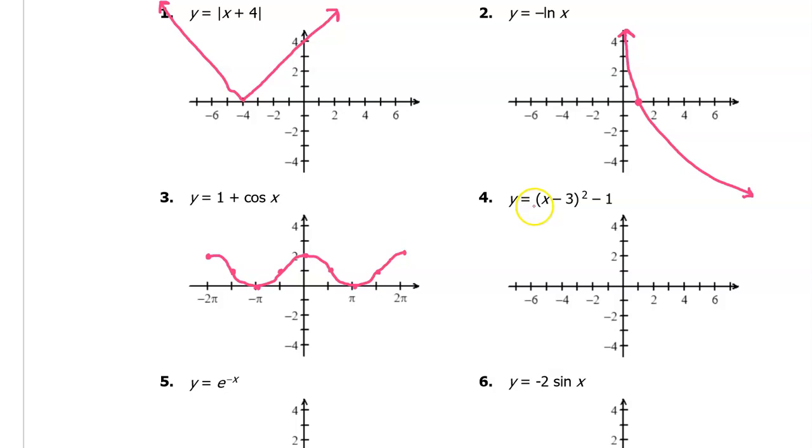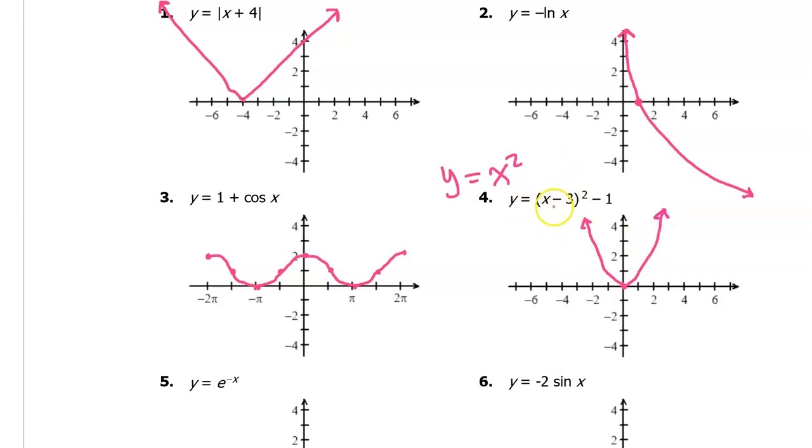Okay, the parent function here is the quadratic y equals x squared. And we know that that would be a parabola with its vertex at 0, 0. So it would be doing something like this. Okay, a parabola.